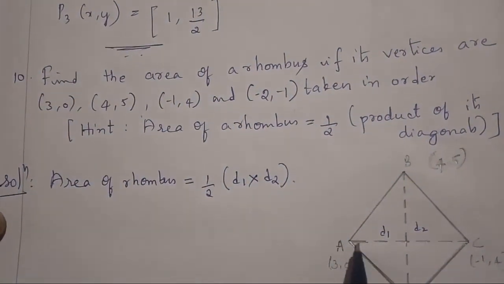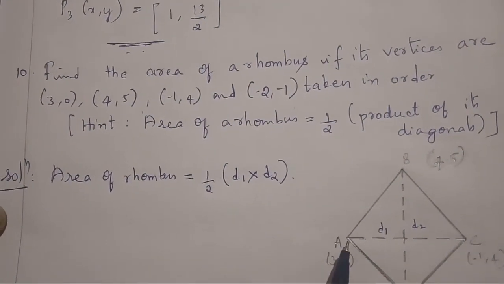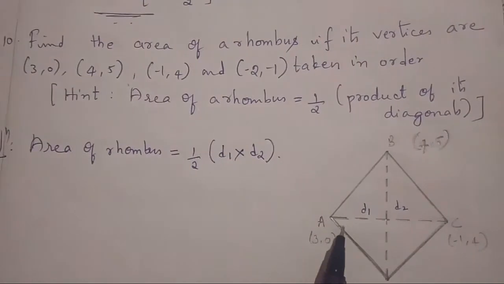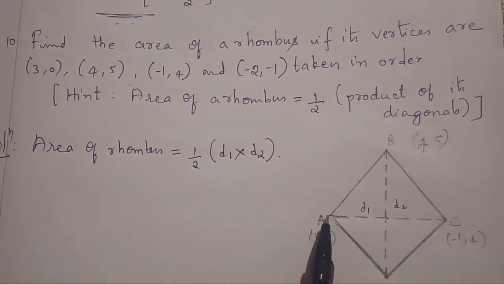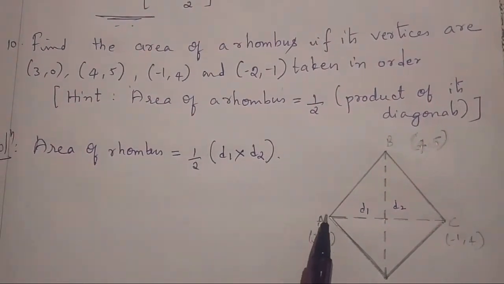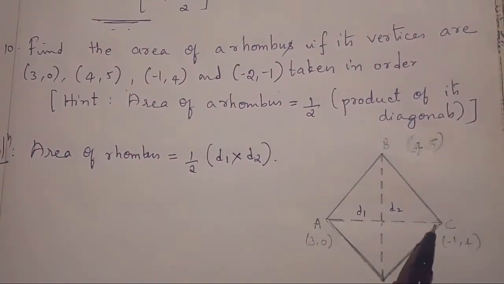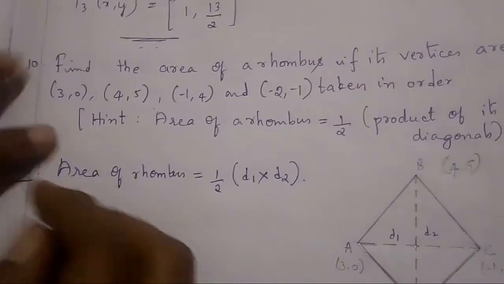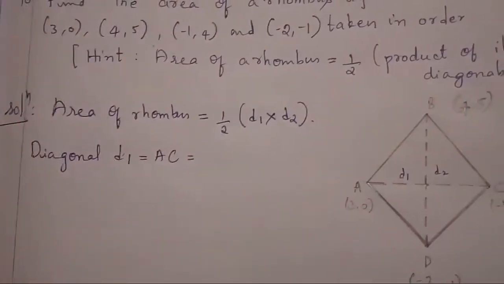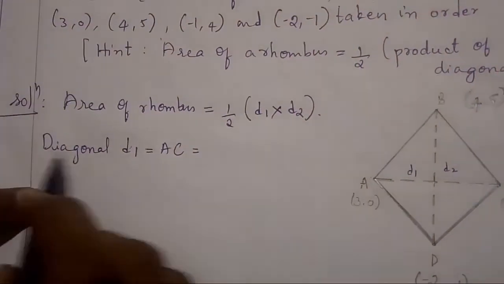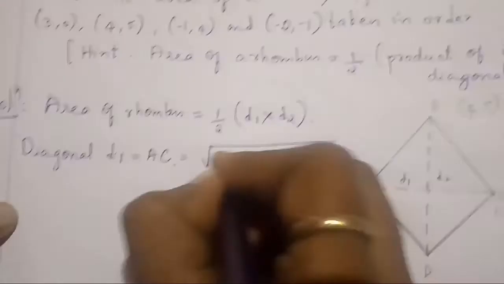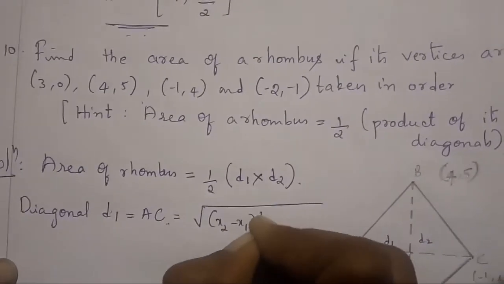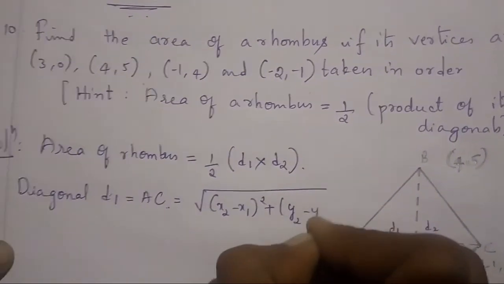Now for diagonals D1 and D2, we need to apply the distance formula, which finds the distance between any two points. AC we are finding, so apply the distance formula for diagonal D1. Diagonal D1 is equal to AC, which is equal to square root of (x2 minus x1) whole square plus (y2 minus y1) whole square.